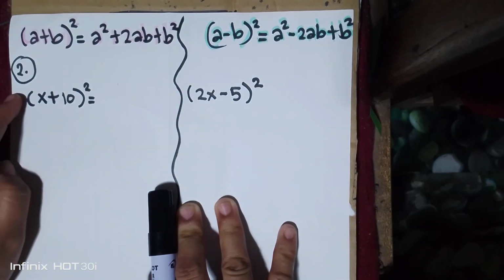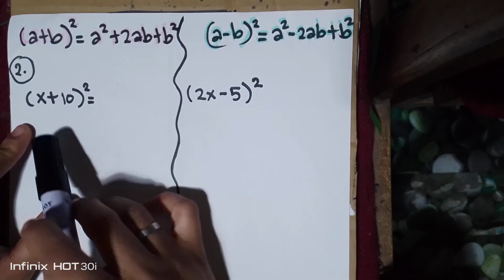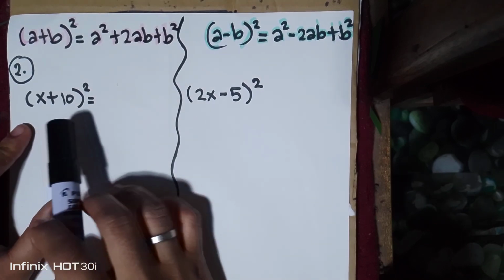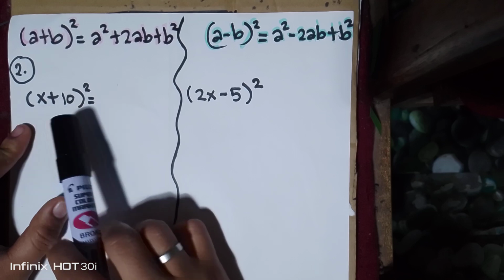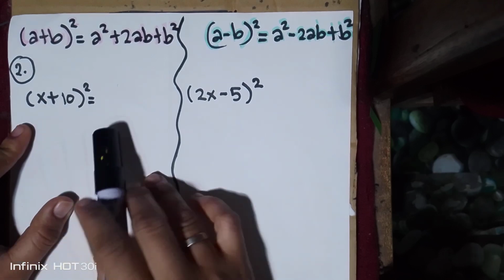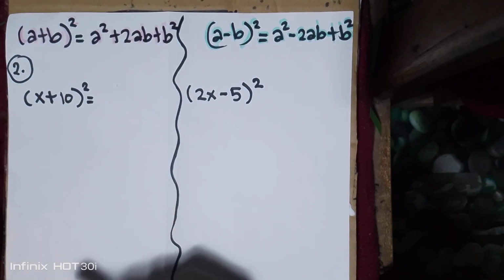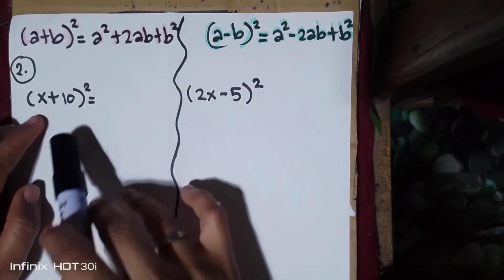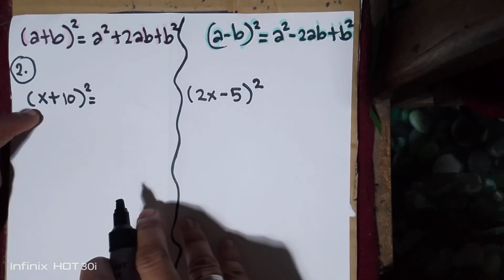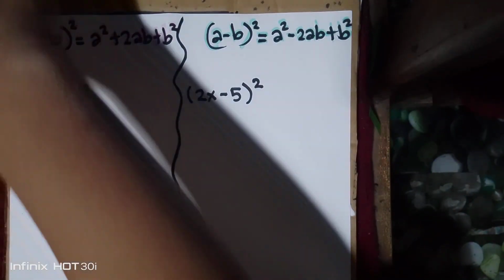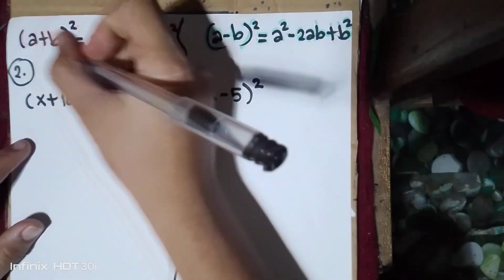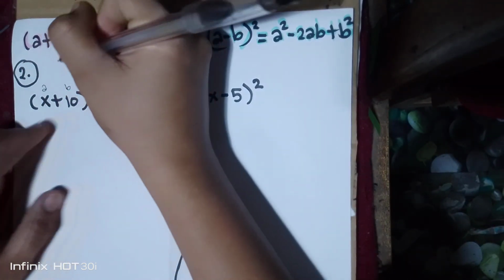So we have example number 2, x plus 10 raised to the power of 2, or x plus 10 to the second power. Okay, so first we are going to square the first term. If you are still confused, you can mark x with a and then 10 with b.